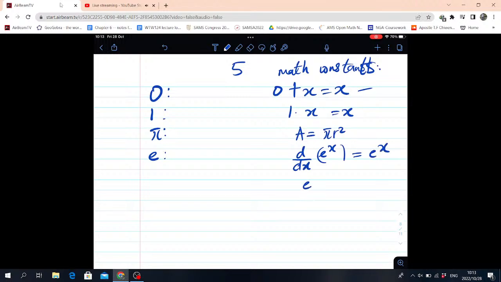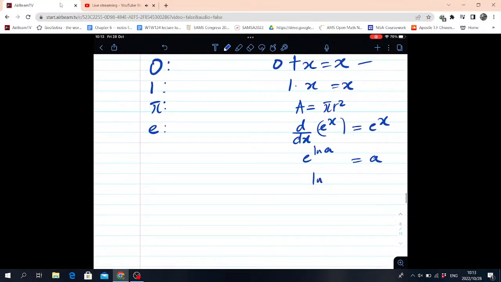Or if you think about e to the natural log of a, it is going to be equal to a. Or if you think about the natural log of e is equal to 1. So all these things are special. So these numbers are special in that way. And then we've got this new kid on the block. i squared is equal to -1, or i is equal to the square root of -1, which is pretty special for us.